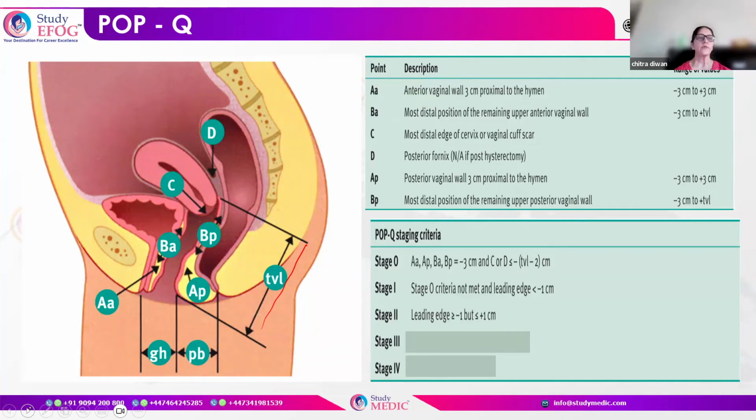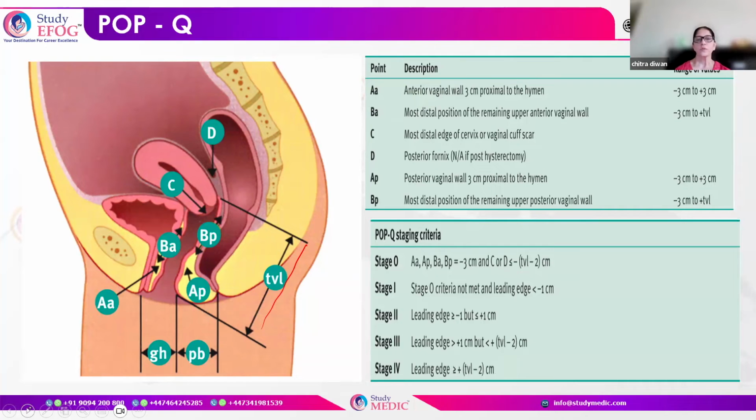Stage 2. Whenever the leading edge is below -1, but it is still less than or equal to +1 centimeter. Stage 3. Whenever the leading edge is more than 1 centimeter, but it is less than the total vaginal length -2 centimeters. That means the whole vault has not prolapsed.